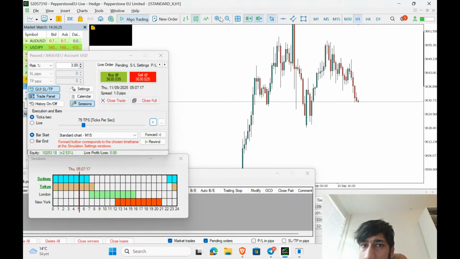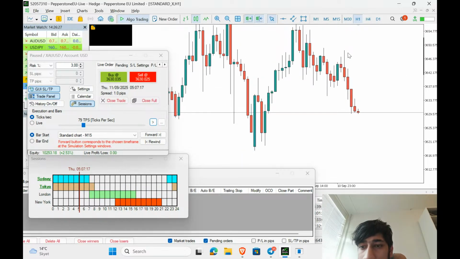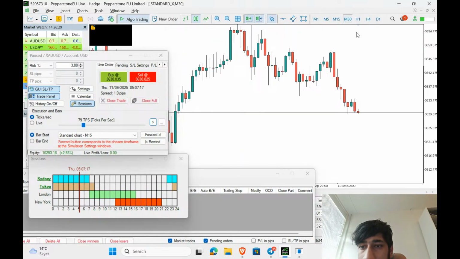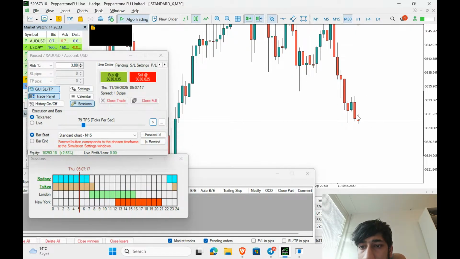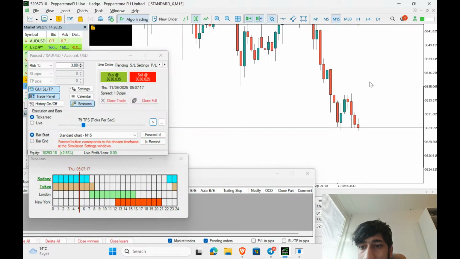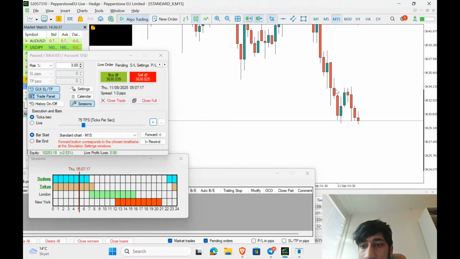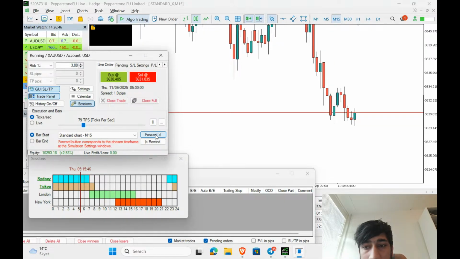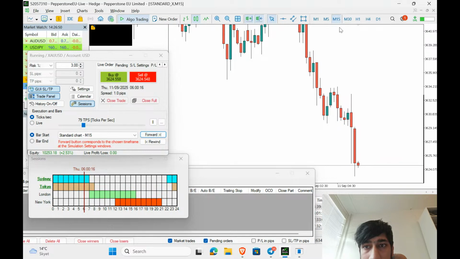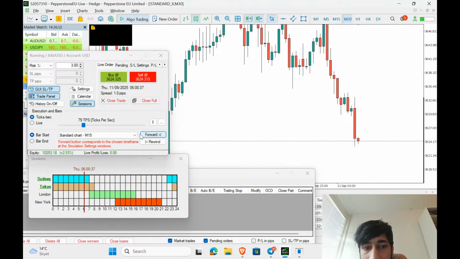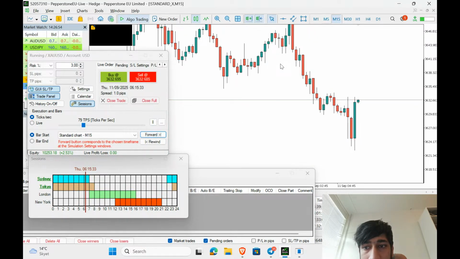H1 moved down, right? And M30, the volume of bodies are getting smaller, but it's getting bigger as well. M15 we closed below, but this candle can't even equal this. That means no.